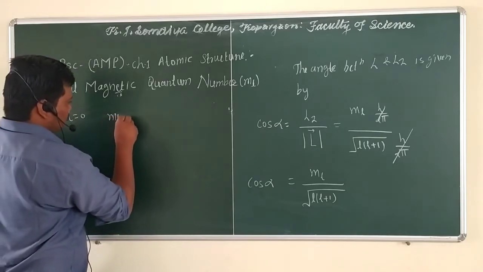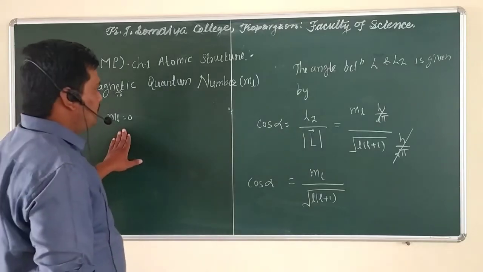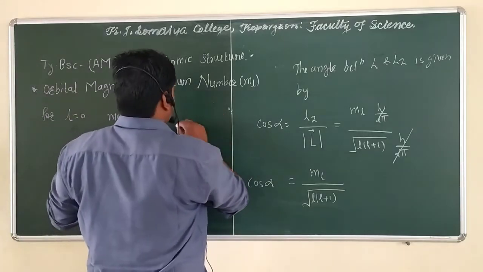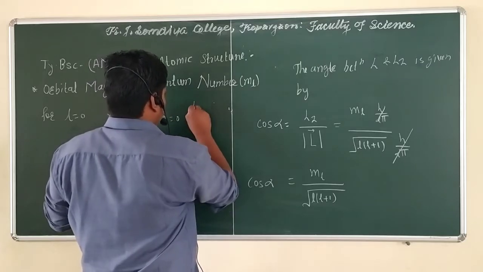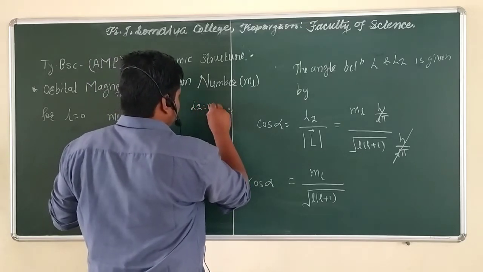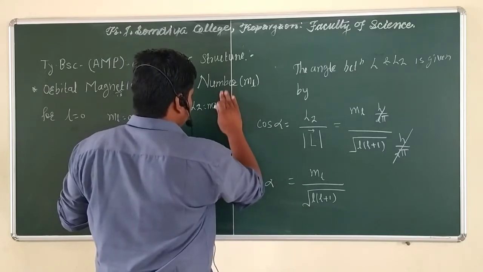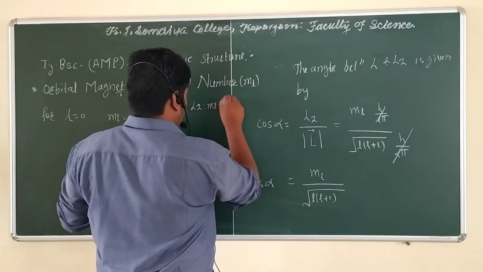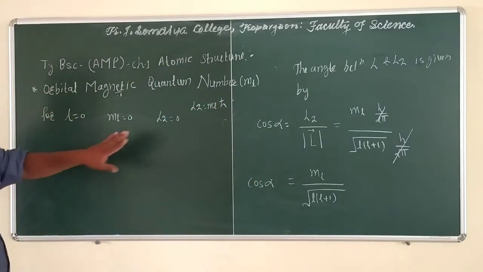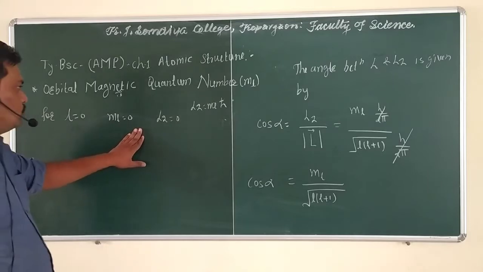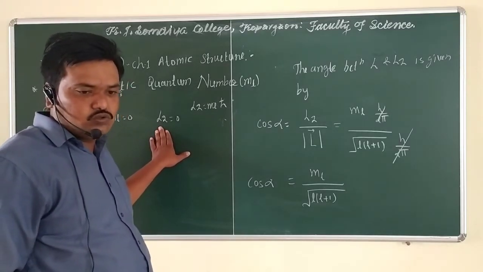So ml is also 0, and if l is equal to 0, ml is equal to 0, so Lz value is also 0, because Lz is equal to ml into h upon 2 pi, or that is ml h cross. Correct. So if l is equal to 0, then the ml value is also 0, and that's why Lz value is also 0.